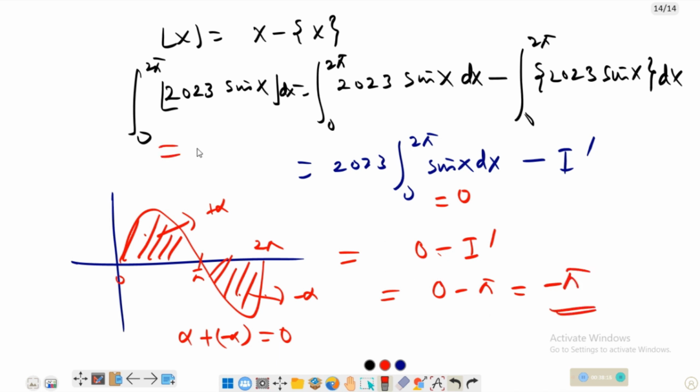From our first method I also calculated minus pi. So this type of integral we can solve either via pattern or using this identity. Now I come to the next question.